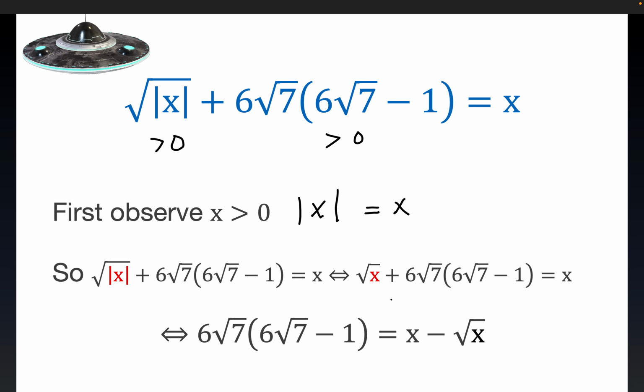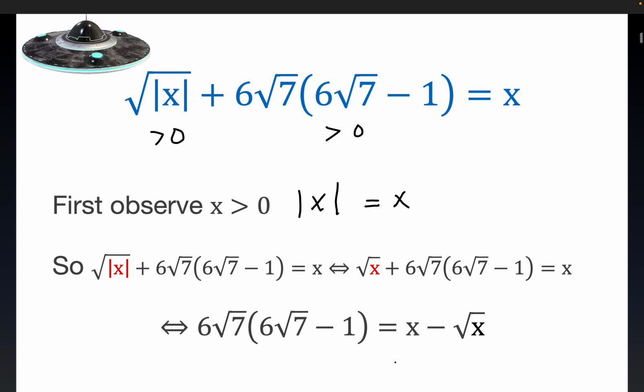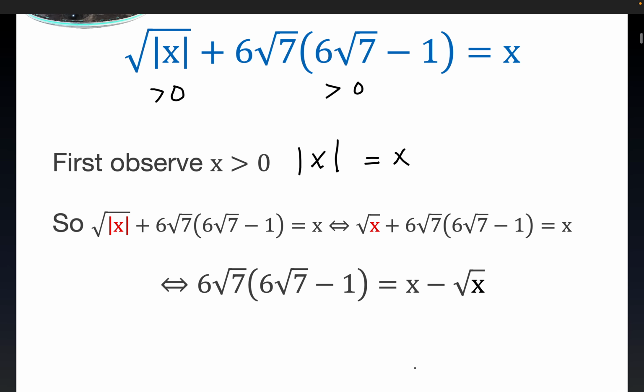Now, the very next step involves just the operation of subtracting the square root of x from both sides. And so we get this statement. Now, this would be the spot where a lot of people would square both sides, but it is completely unnecessary.